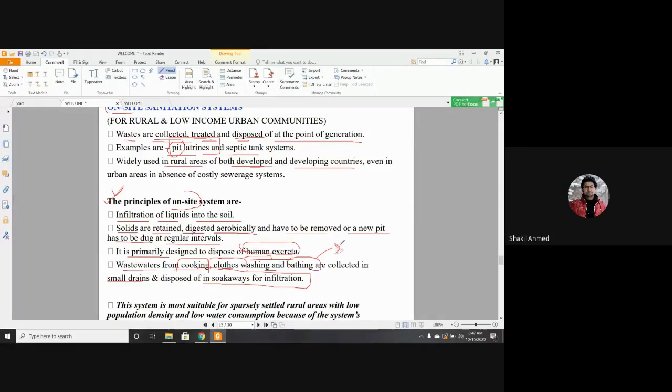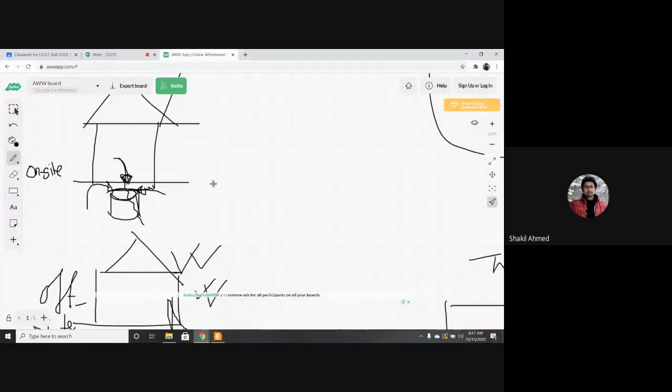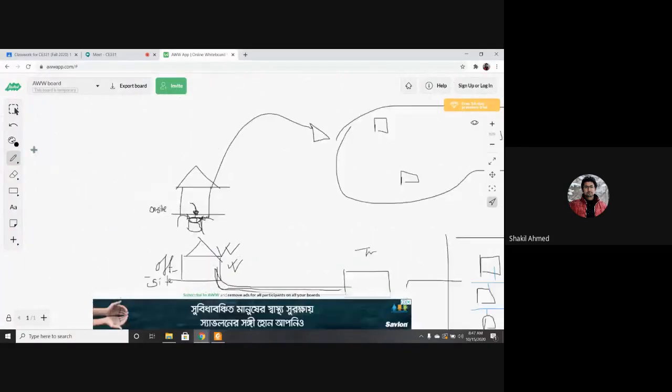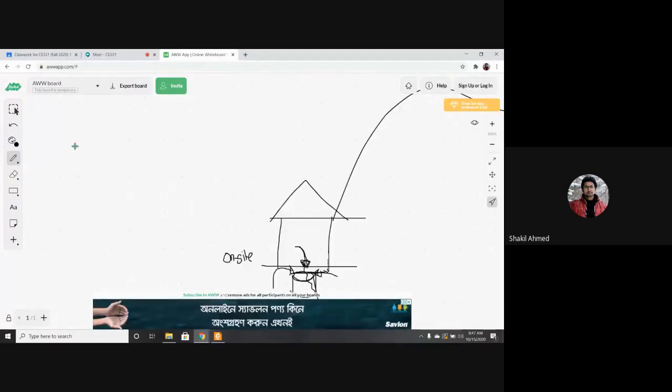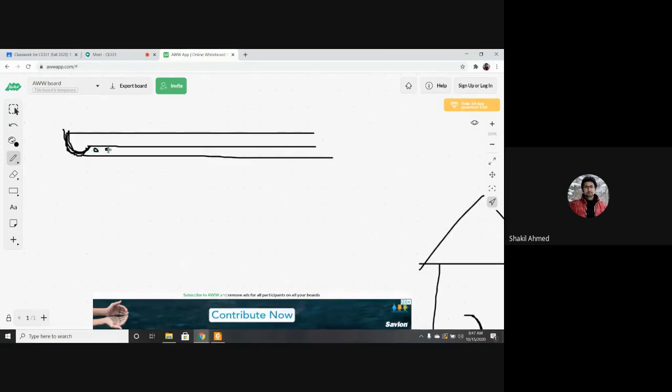The water from cooking, clothes washing, and bathing is less polluted water. These are not as polluted as this one. So in this case, in the soil we make a trench, a channel in the soil by digging, and you make different pores here.